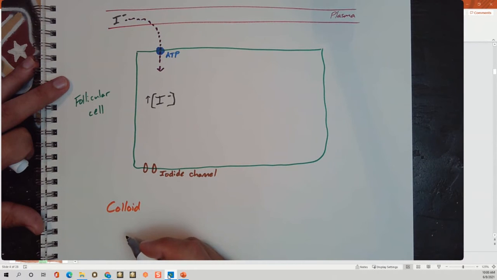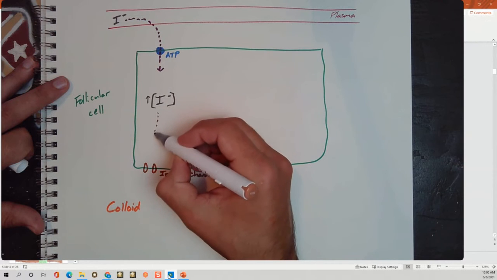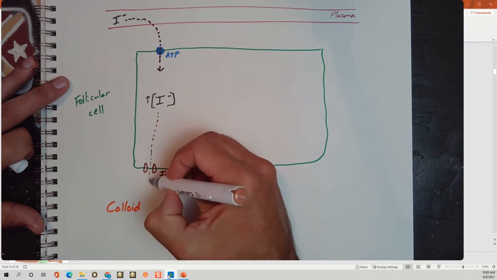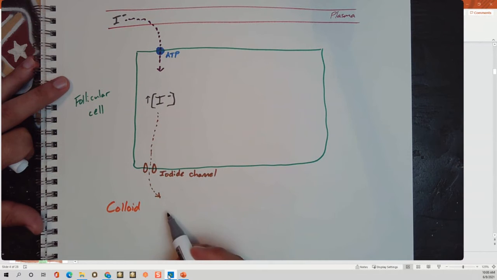Now iodide can move from high to low. So this iodide is going to go from an area of high, and where is that iodide going to go? From high to low. So where do we now have more iodide inside of the colloid? Make sense?